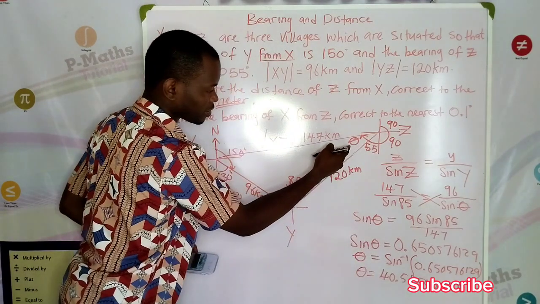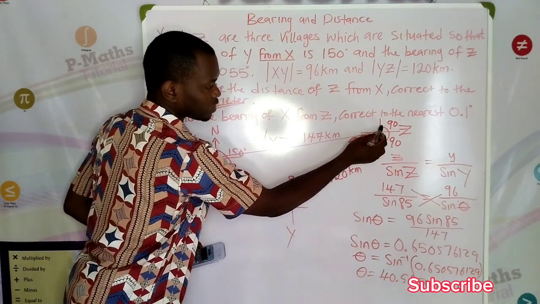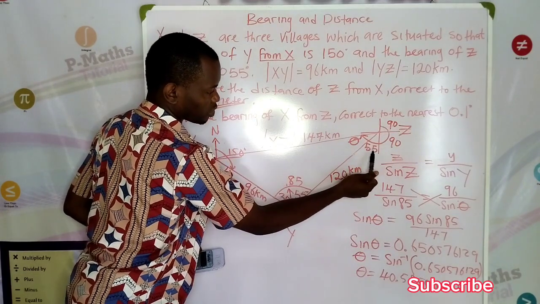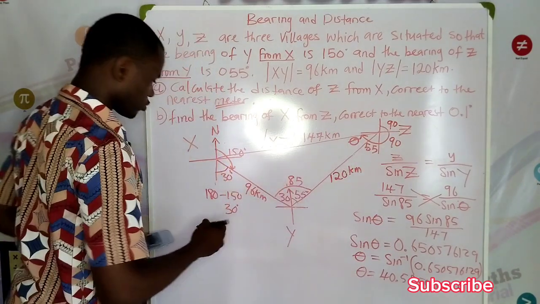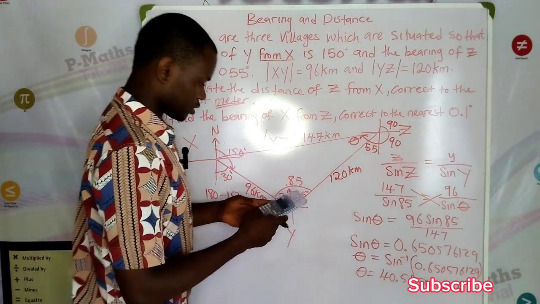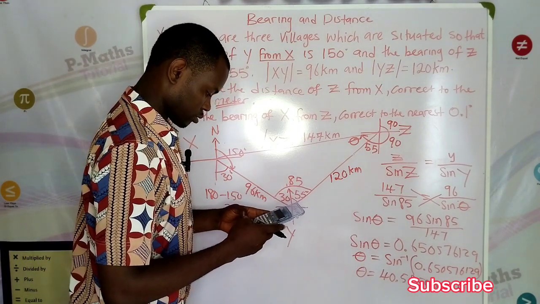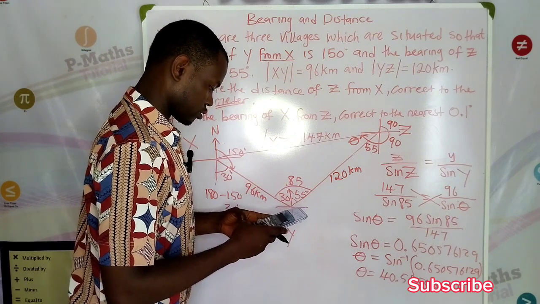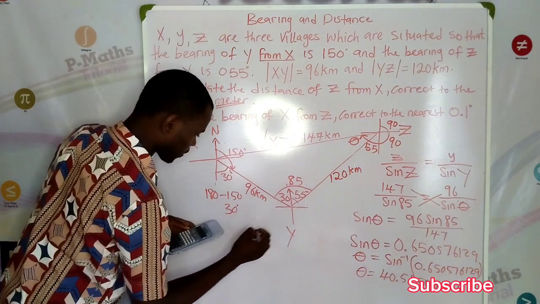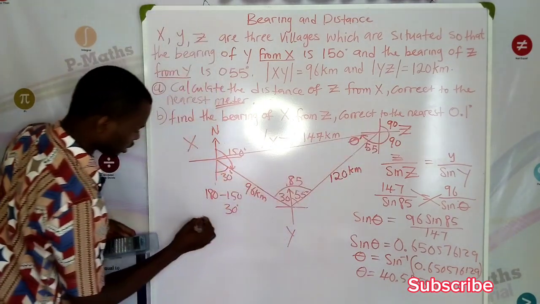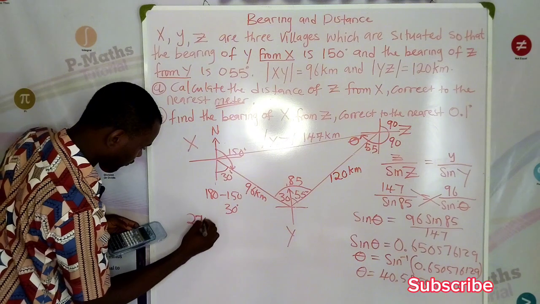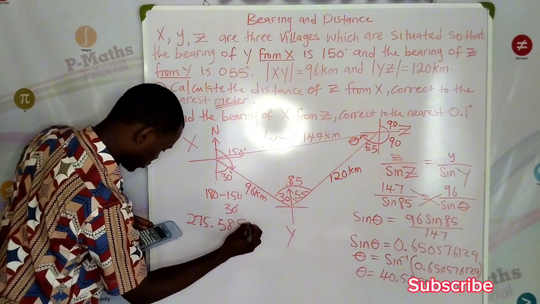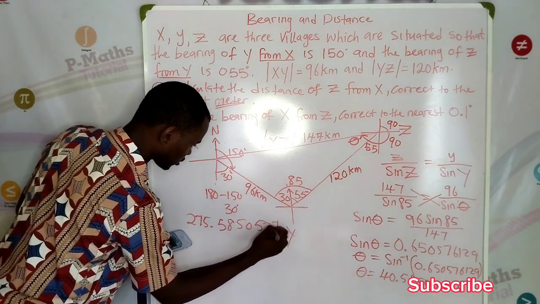Now remember, this is our theta. We have gotten the angle inside here. So how do we now get the total angle from here around to this point? We add 90 plus 90 plus 55 plus theta. So that would be, let me add everything: plus 55 plus our answer. So we have the angle around the point as 275.5850537.